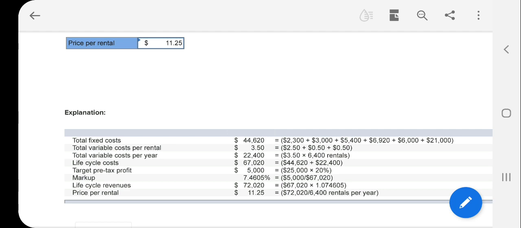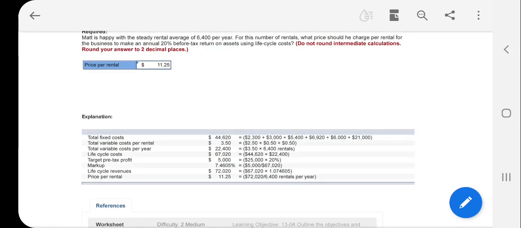So revenue is equal to cost plus profit. After you get the life cycle revenue, you divide it by the number of rentals per year. So you now know the price per rental that should be charged to the customer.